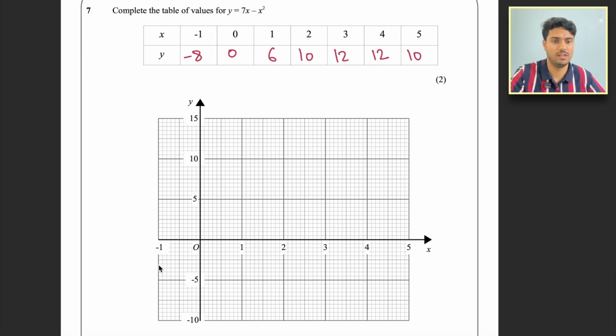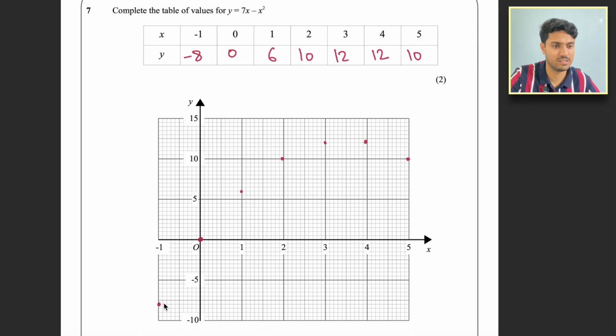So let's plot this. Negative 1, negative 8. At 0 it is 0. At 1 it is 6. At 2 it is 10. At 3 it is 12. And here also 12.